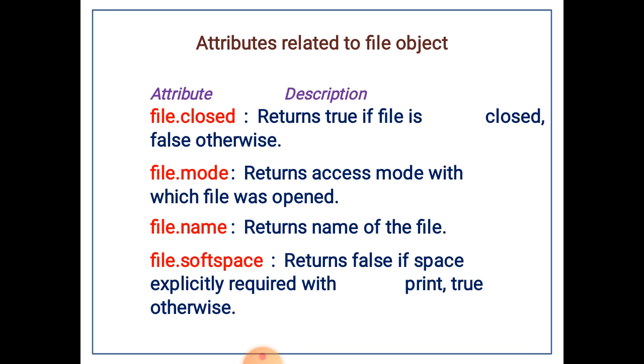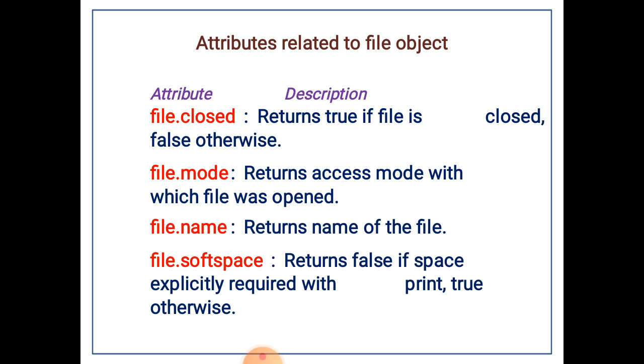The attribute file.closed returns true or false. It returns true if the file is closed, and if the file is opened, it returns false. The next attribute, file.mode, returns the access mode with which the file was opened.